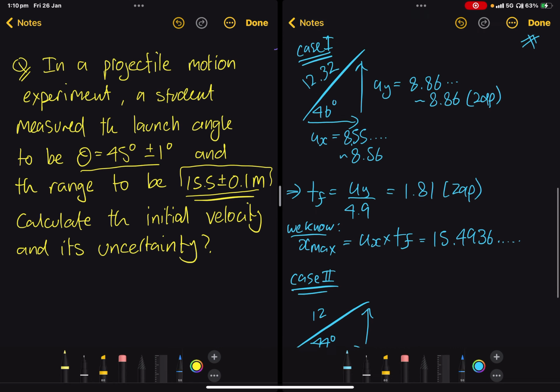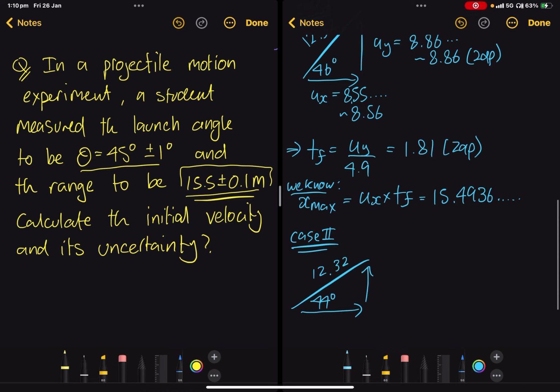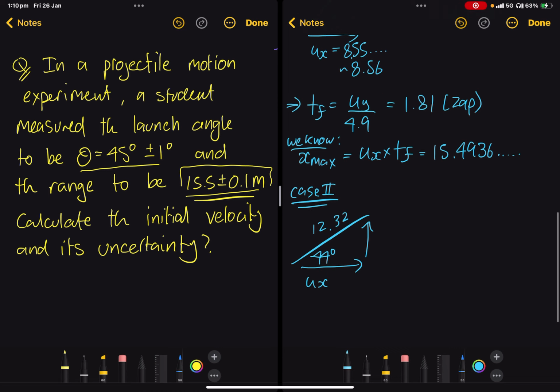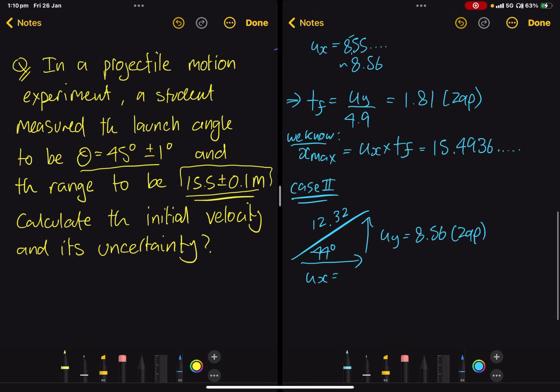So we know this is 12.32. This is u of x, this is u of y. We can calculate both of these using sine and cosine. So we have 12.32 times sine of 44. This gives me 8.56 to 2 decimal places. And then u of x is going to be 8.86.